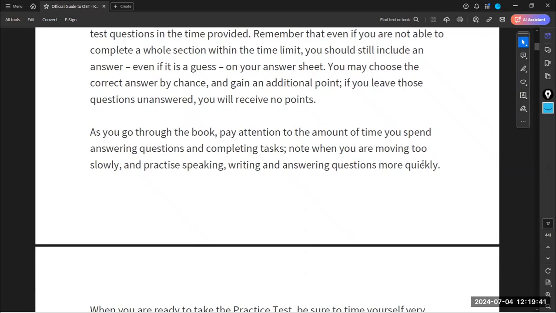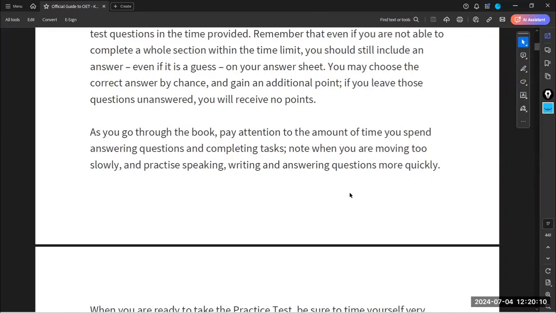Okay. And there's something you have to know while answering the questions. Maybe you will spend more time on a certain task. When you are moving too slowly in practice, speaking, or maybe writing or answering any question, you have to be faster in the rest of the questions, please, because as I told you, time is really important.